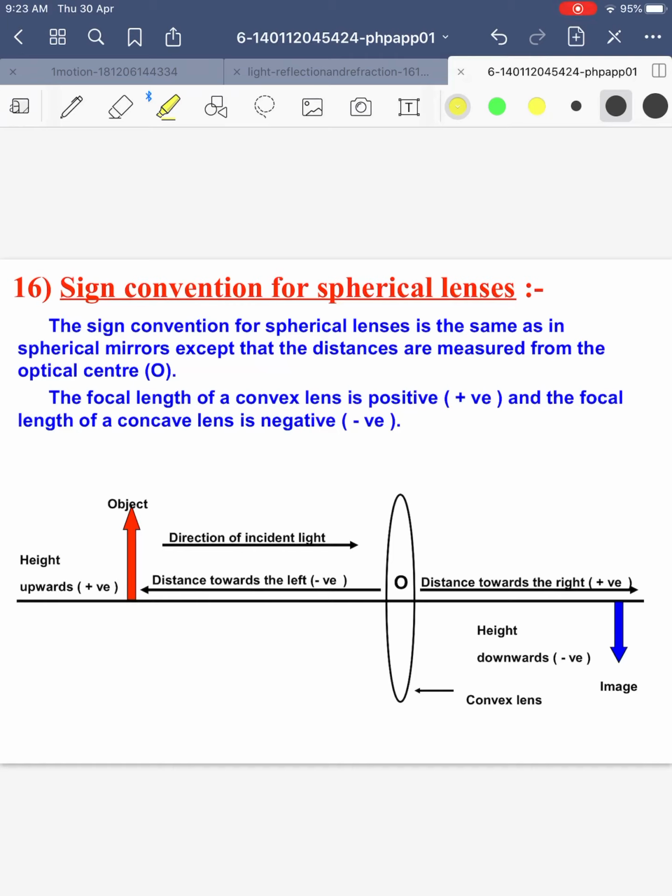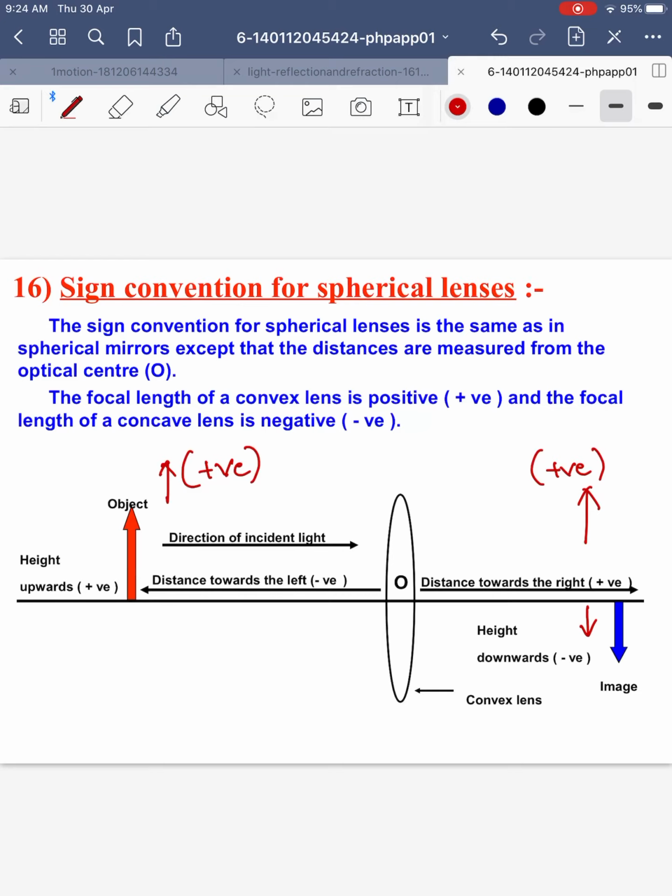Since the object is always placed above the principal axis, its height will be taken positive. If the image is formed below the principal axis, that height will be taken negative. If it is formed above the principal axis, naturally that height will be taken positive. Now distances of the object.